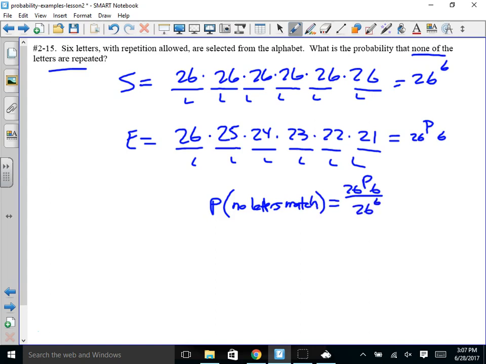If you plug this in, you could also just write it this way. It's 26 times 25 times 24 times 23 times 22 times 21 over 26 times 26 times 26 times 26 times 26 times 26. And that turns out to be 0.5366.